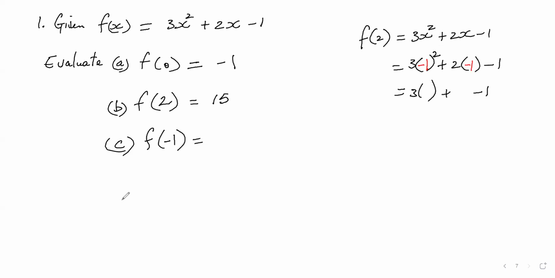Anybody could tell me what is minus 1 times minus 1? Positive 1, plus 1. So minus 1 squared is 1. And 2 times minus 1 will give me minus 2.